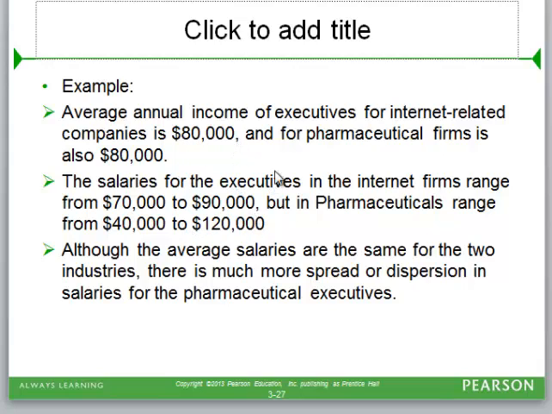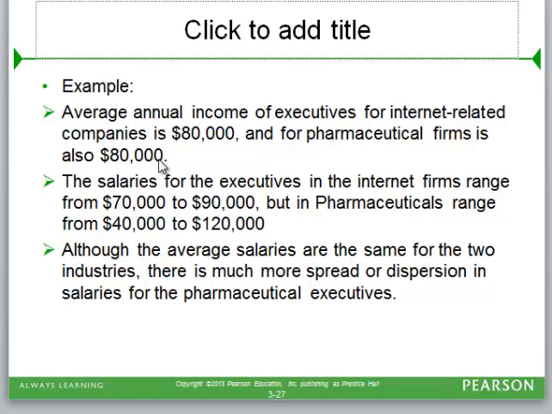So even though the average salary is the same for the two industries, can you tell which mean number is more representative? The one for the internet firms. Why? Because in this industry, the data is closer to the mean number, while in the pharmaceutical industry the data is widely spread out around the mean number, each value far away from it.